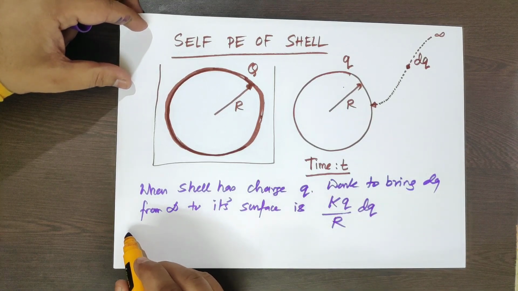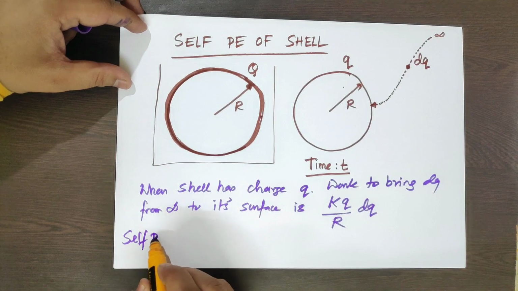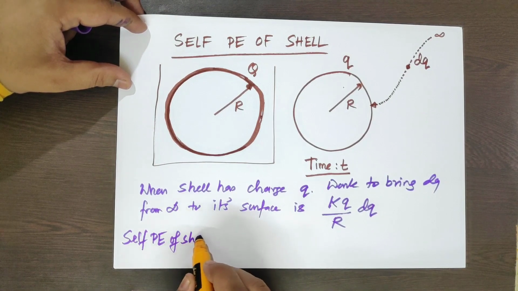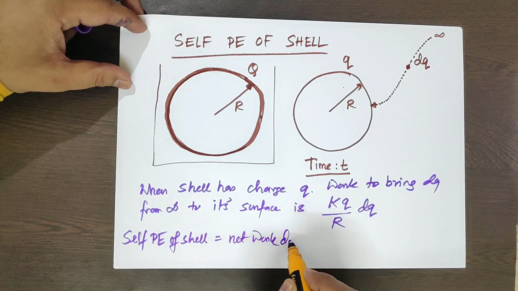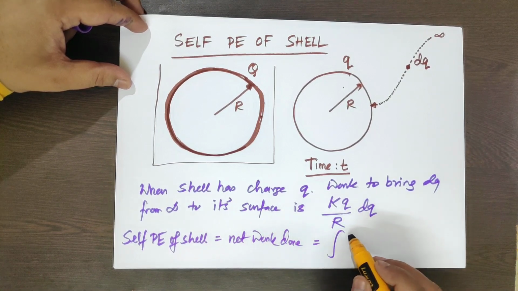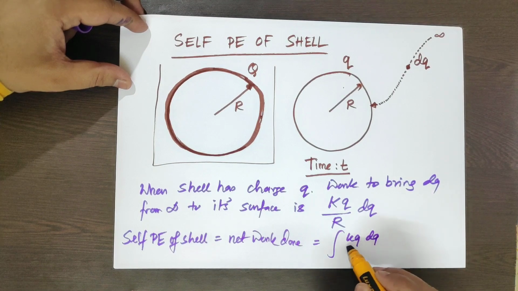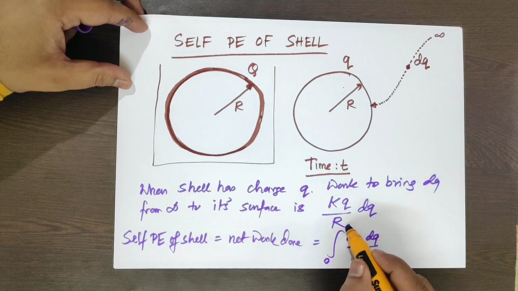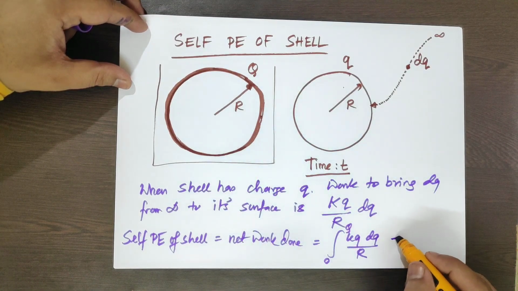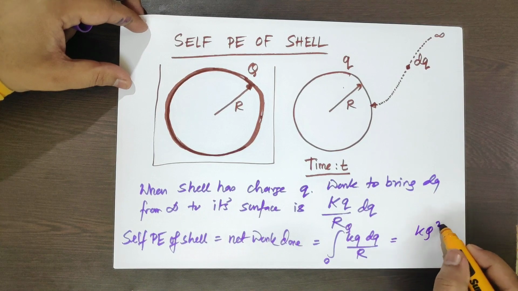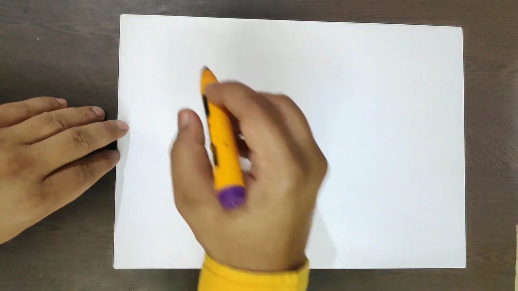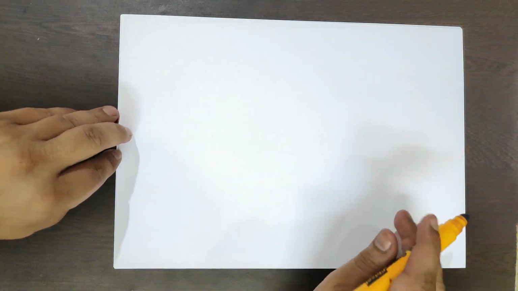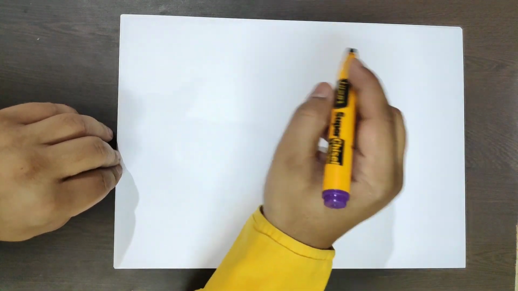So self potential energy of shell is equal to net work done. Net work done is equal to integration of kq dq by R. Now this small q starts from 0 and ends up at capital Q, the final charge. So you get kQ square by 2R. So self potential energy of a shell is kQ square by 2R, right?